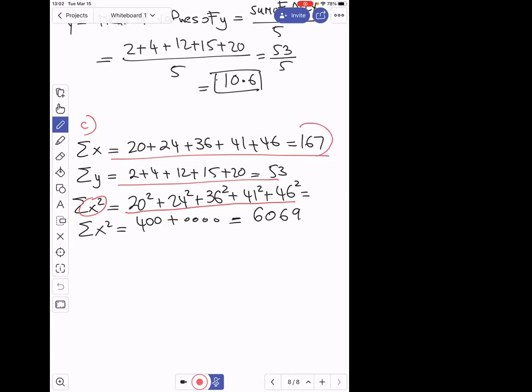You don't square the answer of the first step, you square the numbers. So it's add, square. So the first steps are add, square. And you do the same for the y. So y squared: take the first y squared plus the next y squared.